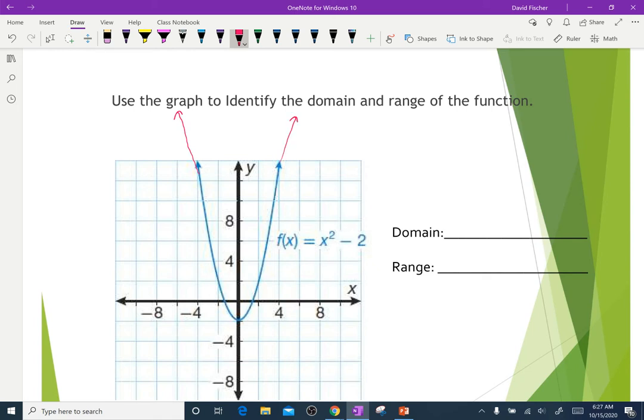And so even though our graph paper is only so big, the graphs go forever. And so I could be way out here at -9. I could look up and eventually I'd hit my graph. I could be way out here at -187, and eventually if I look straight up, I'd hit my graph, if my graph paper was that big. So on quadratics, what we do is say all real numbers.